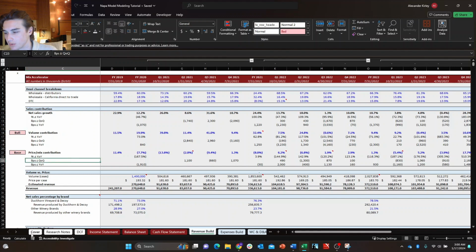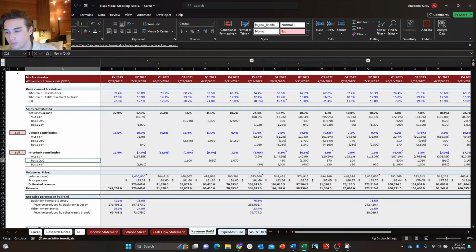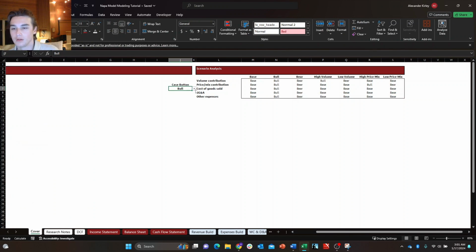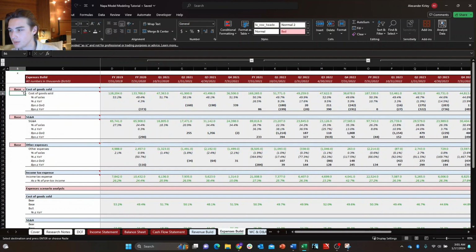Excellent. I believe that should work. Let's go take a quick look. Go to our cover. Let's go to bull. So both should display bull. Both are displaying bull. Excellent. Let's go to cost of goods sold. We'll copy the same formula here. And this won't work immediately.